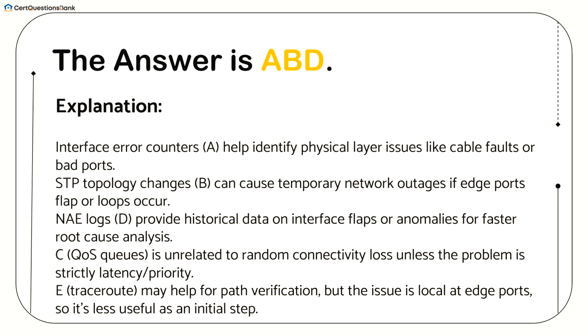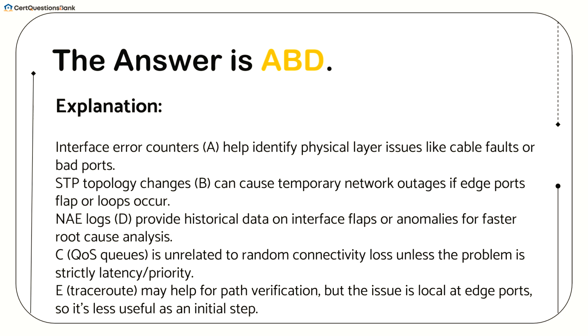The answer is ABD. Interface error counters, A, help identify physical layer issues like cable faults or bad ports. STP topology changes, B, can cause temporary network outages if edge ports flap or loops occur.